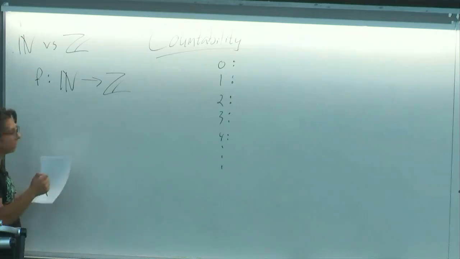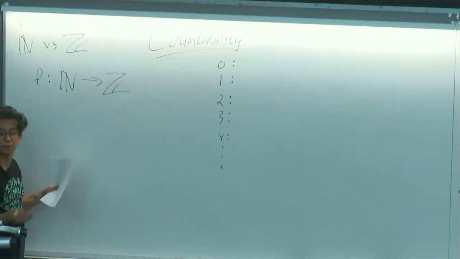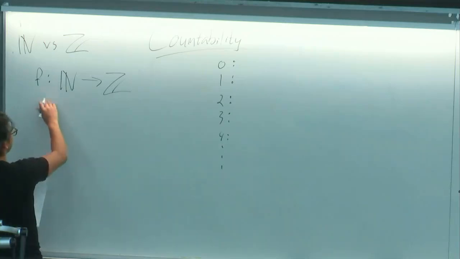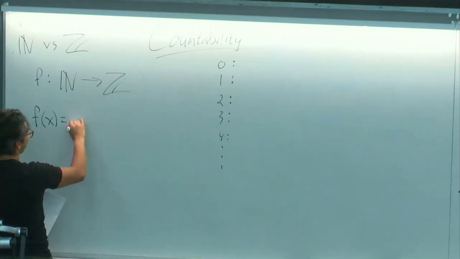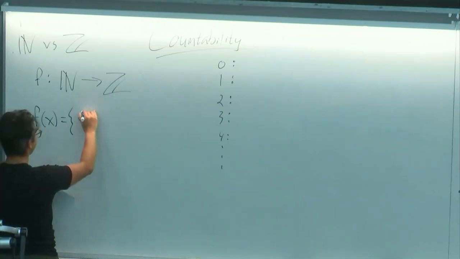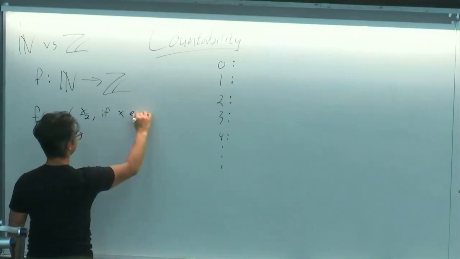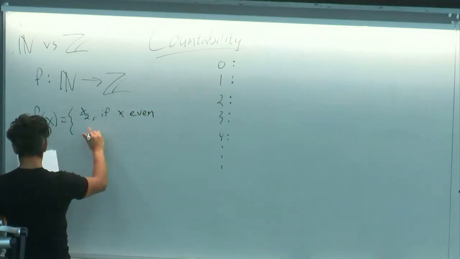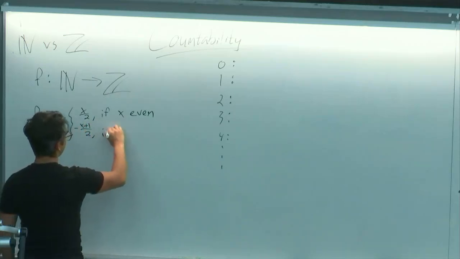One suggestion was the evens and the odds. Those are 2 infinite buckets, so let's try to use that. I'm going to define f as 2 things. It's going to be x over 2 if x is even, and it's going to be negative (x plus 1) over 2 if x is odd.